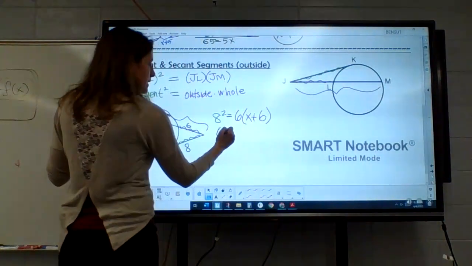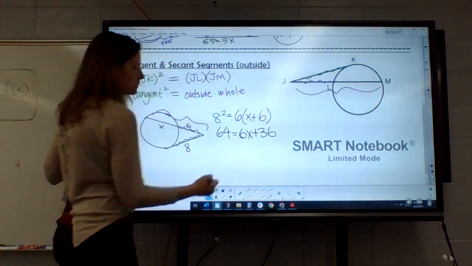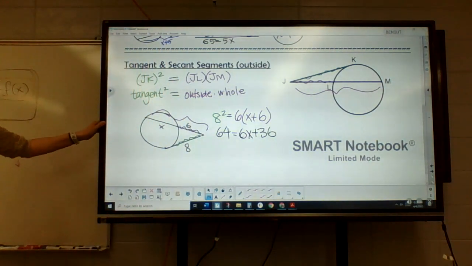So this ends up being 64 equals 6x plus 36. It's 8 squared, 64.